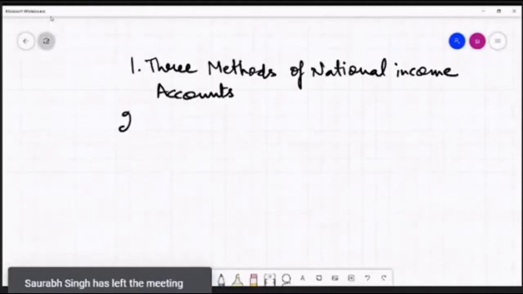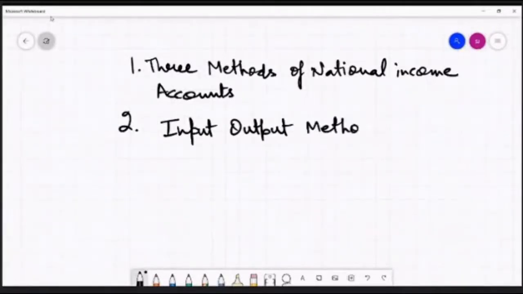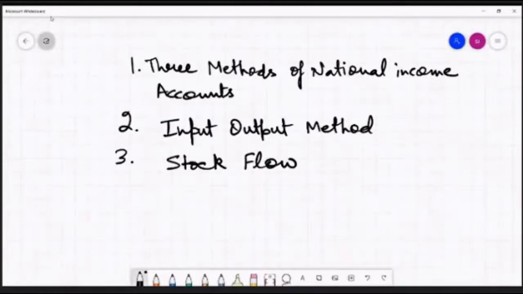Then you have another method which is known as input-output method. Okay, and there is another method which is known as stock flow method. So when you have to calculate the national income, it is not only the three methods which we will be talking about, but there are several methods, and depending on the purpose, depending on the activity, depending on the sector, we choose the method of collection of data.